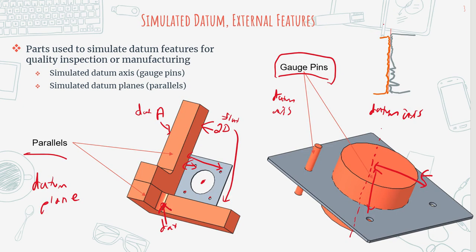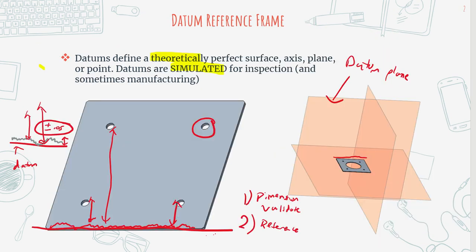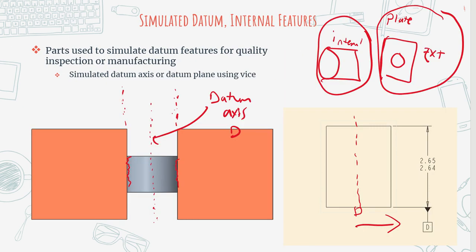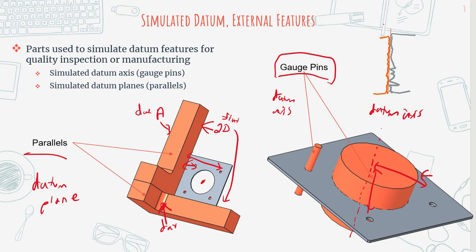So at this point, we've talked about how datums are theoretically perfect surfaces, axes, planes, or points, and we've talked about how you can physically represent this by these measuring devices, by these precisely machined items.